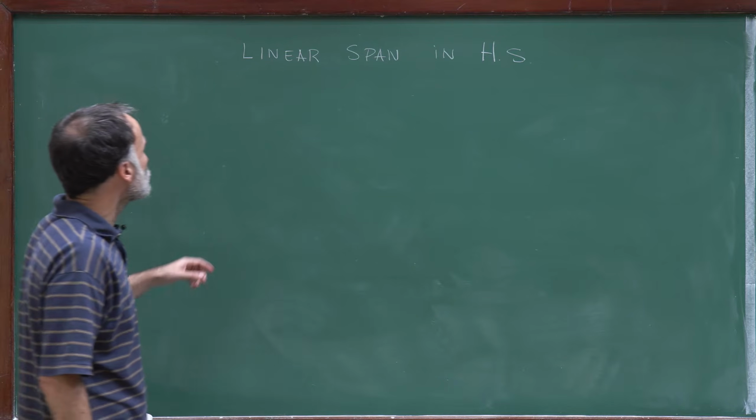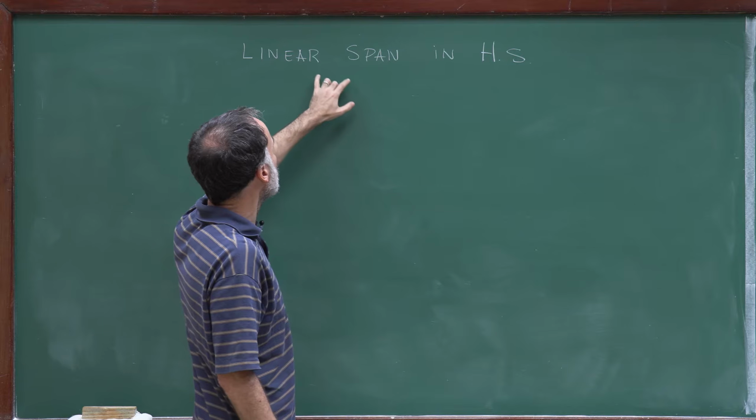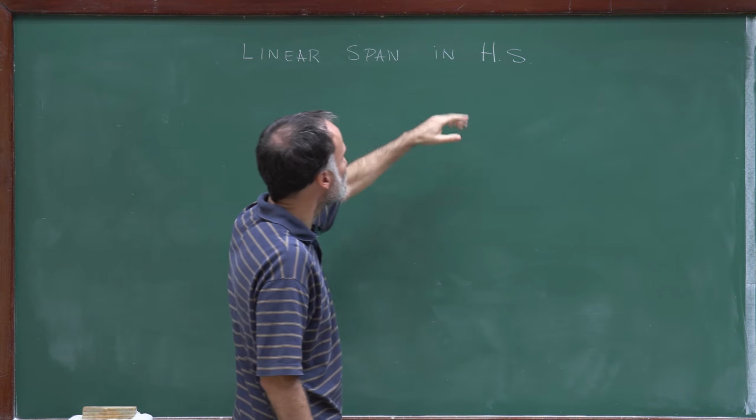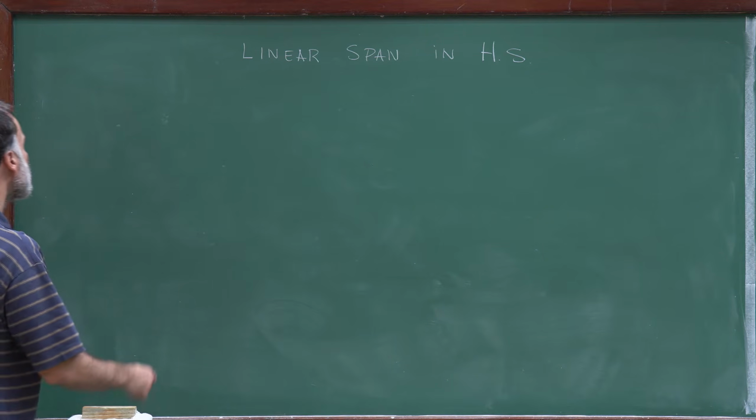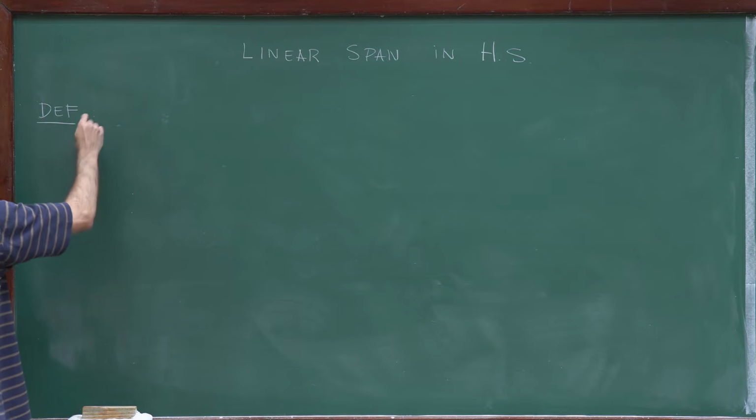So in this short lecture, I want to define and investigate properties of a linear span and a closed linear span in Hilbert spaces. So let me just remind you a definition.